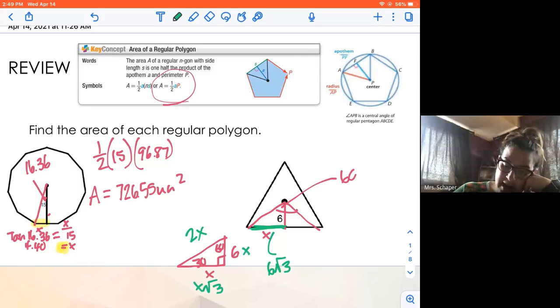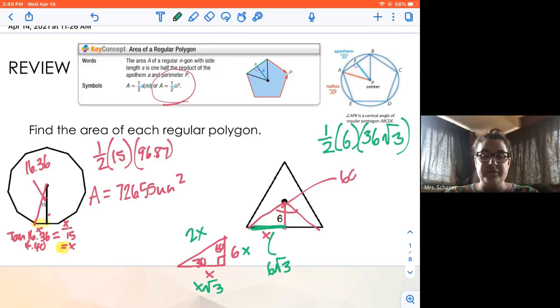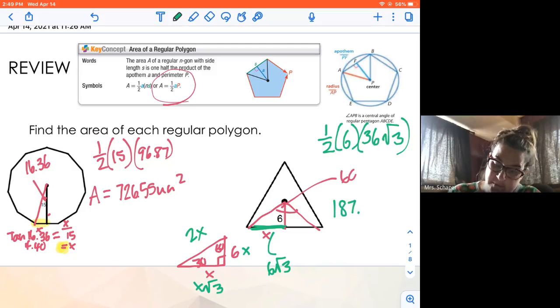So in my formula, I'm going to take 1/2 times the apothem 3 times 36 square roots of 3. You could write it as 187.06, or if you want to be super exact, you could do 108 square roots of 3.